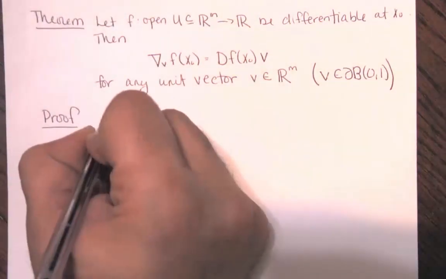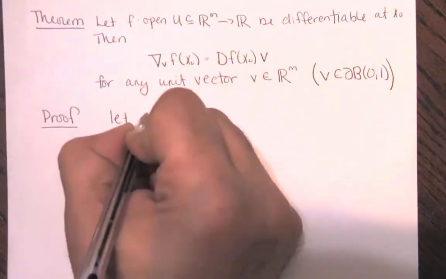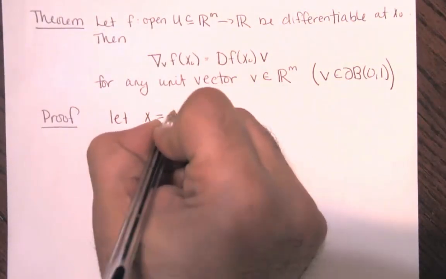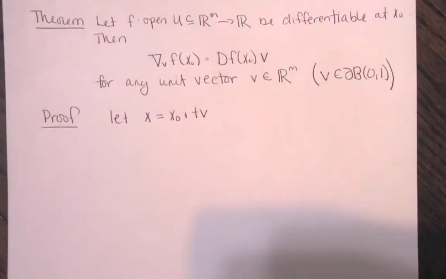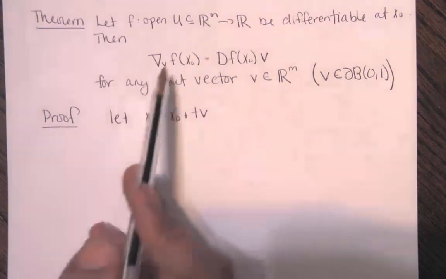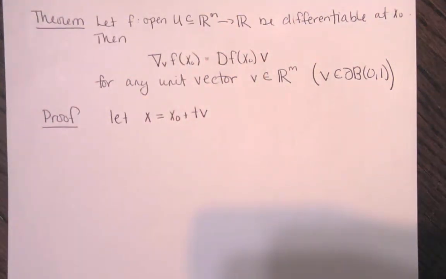Let x be a shift from x naught, so that we can put it into the format of our definition of directional derivative.